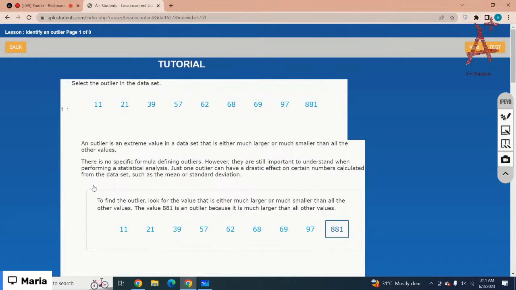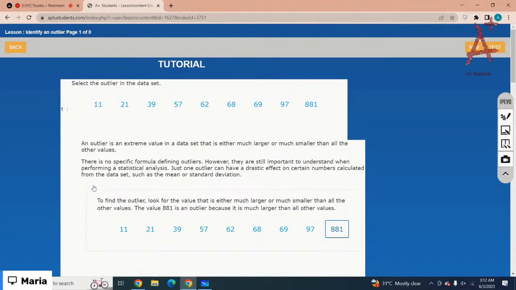So which is the correct option? The numbers are 11, 21, 39, 57, 62, 68, 69, 97, and 881.